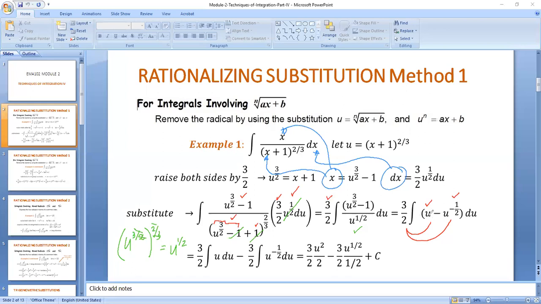That is why you have u. This negative 1 divided by u raised to 1 half, this one will go up, so the original positive exponent becomes negative. Do you follow? Yes, yes, thank you. Okay, so that's the reason why you have this answer now using power rule.